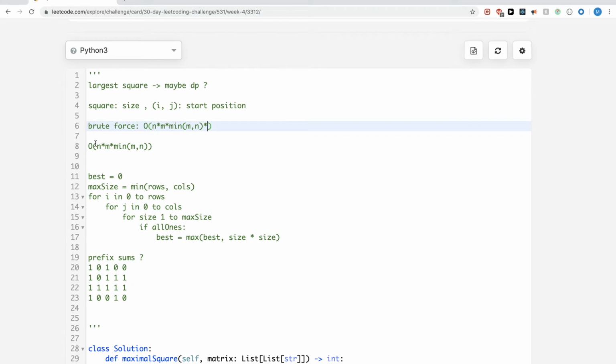Of course, there will be calculations of the prefix sums, but that won't be too much. And for checking all the ones, that would also be the size, because we would have to check every one of them. Yeah, so something like this.